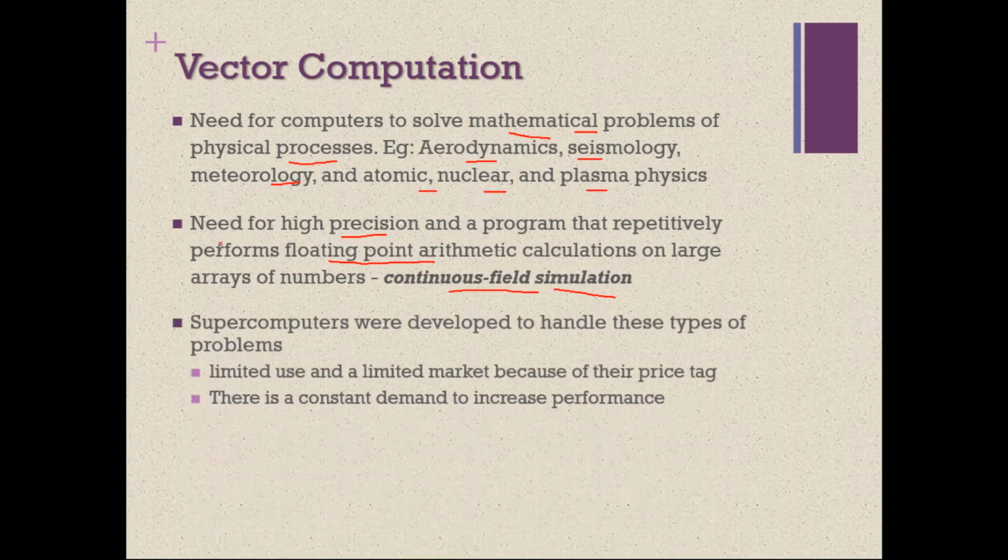Conventionally, supercomputers are used for these tasks. But the problem with supercomputers is their cost, which is very high. Normally supercomputers are available only in some big universities in the US, or in some government organizations.